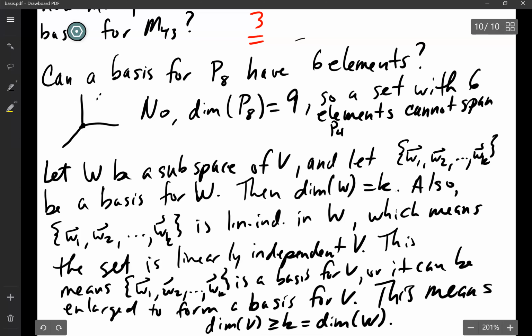They look like lines going through the origin, or they look like planes going through the origin. Or it's the whole space, the whole R3. Lines going through the origin have one dimension, because there's one vector that generates the whole thing. Planes have 2 dimensions because there's 2 vectors that generate the plane. Those are the only types of subspaces that you could have in R3, besides being the whole thing.